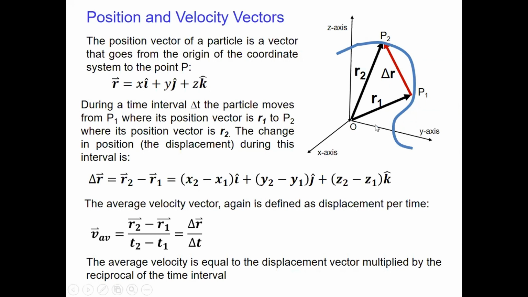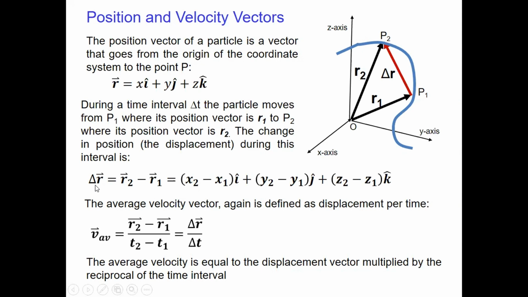According to the law of addition of vectors, R1 plus delta R will make the resultant vector R2. Therefore, R2 minus R1 will be delta R. And that's how the position vector is used to find out the displacement vector.